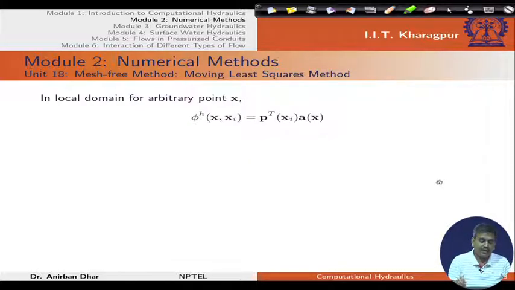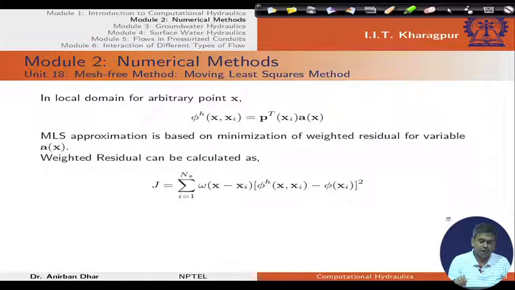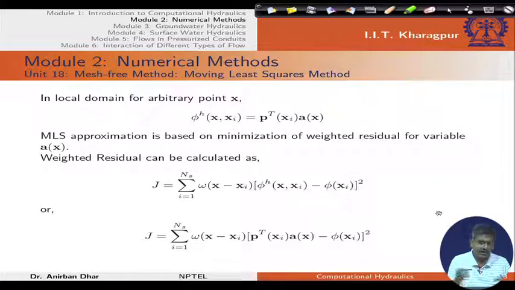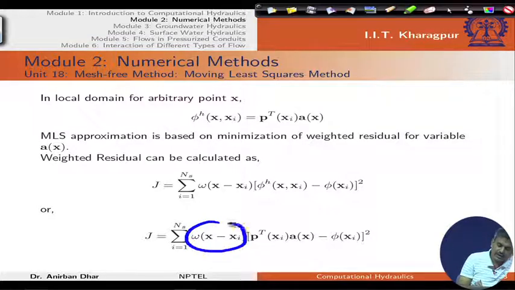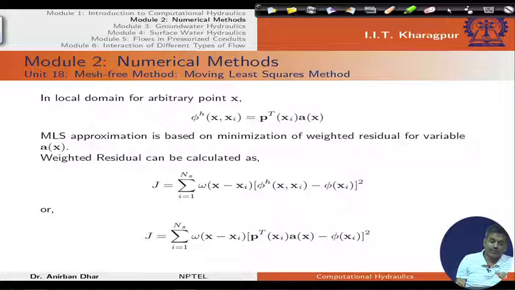In moving least squares we need to solve one minimization problem, but after solving that minimization problem we can get the values of this problem in terms of the weighting function. So, the weighting function is important in case of moving least squares.